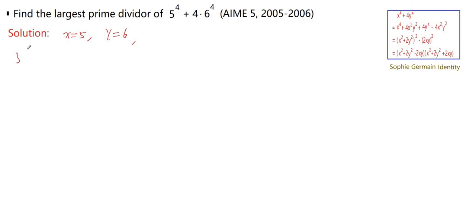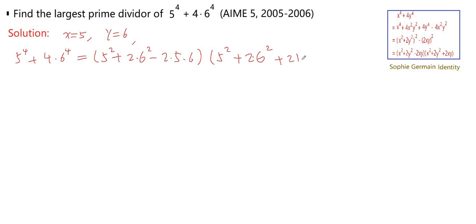Then 5 to the 4th plus 4 times 6 to the 4th equals (5 squared plus 2 times 6 squared minus 2 times 5 times 6) times (5 squared plus 2 times 6 squared plus 2 times 5 times 6).